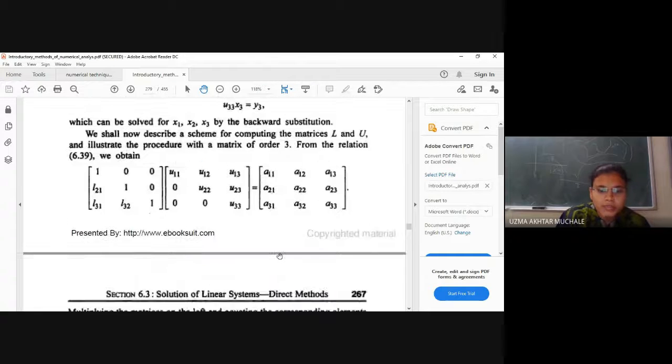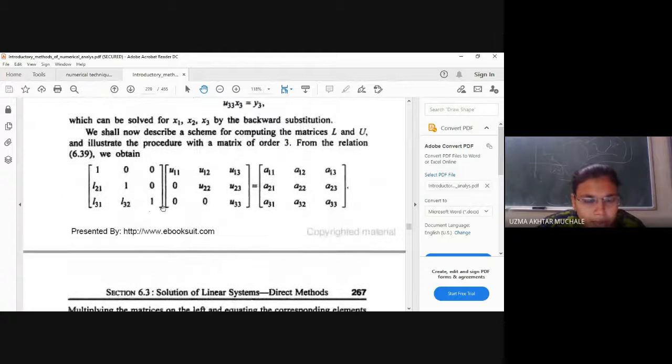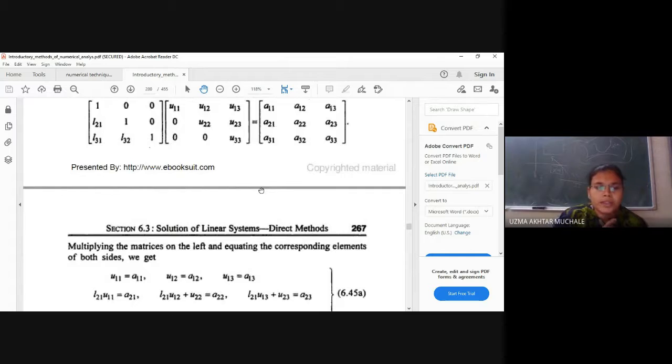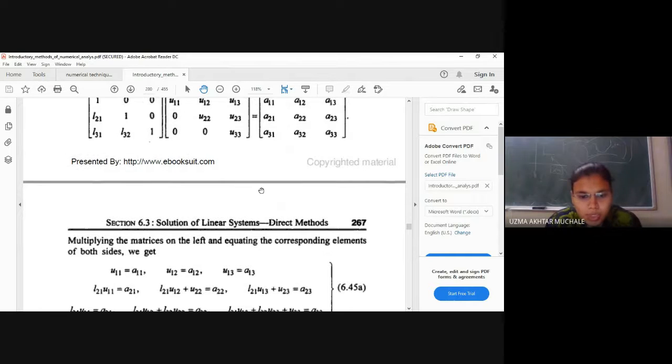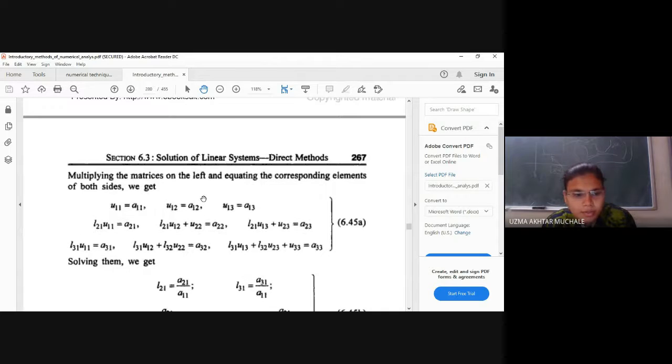Now you just have to multiply these two matrices and equate the result to A. Altogether you get 9 equations. First, a11 should be equal to u11.